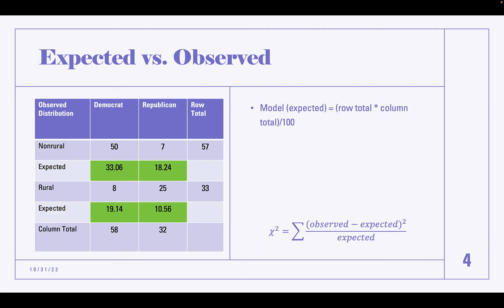All right, so how do we get to our expected numbers? The model, or the expected value, is the row total times the column total that we observed divided by 100. For non-rural Democrats, that would be 57, the row total, times 58, the column total, divided by 100, which would give us the 33.06 in green. So 50 is what we observed, 33.06 is what we would expect.